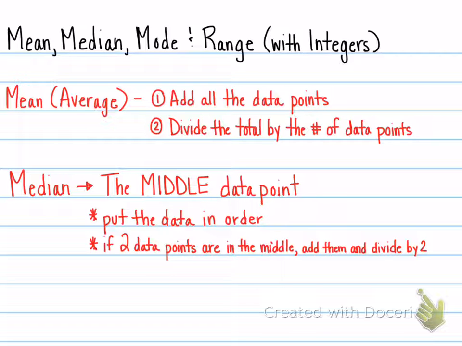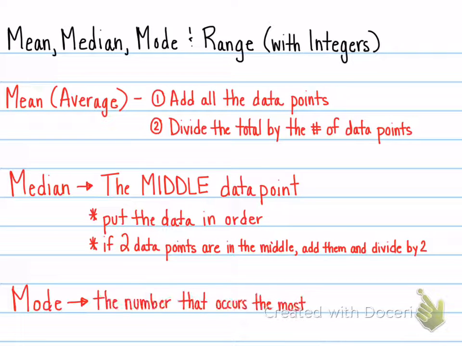The third thing we're going to be finding is the mode. Mode is the number that occurs the most. Now there can be more than one number for your mode. If something occurs twice and another thing occurs twice and everything else occurs once, then both of those numbers are going to be your mode. If everything occurs the same amount, then there's actually no mode.